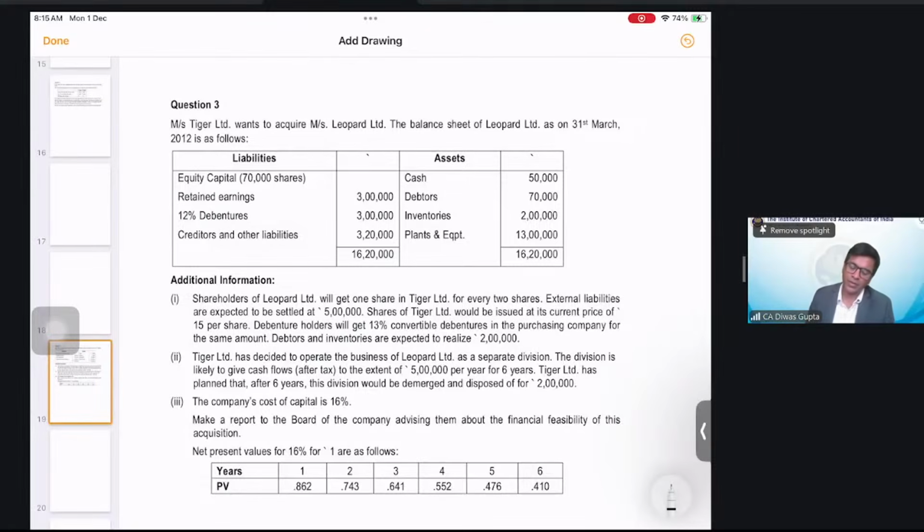Tiger Limited wants to acquire Messrs. Leopard Limited. The balance sheet of Leopard Limited as on 31st of March 2012 is as follows. So Leopard Limited is the target company.